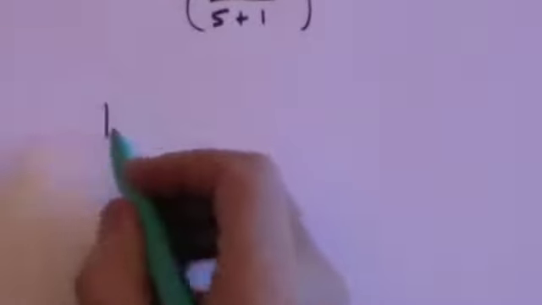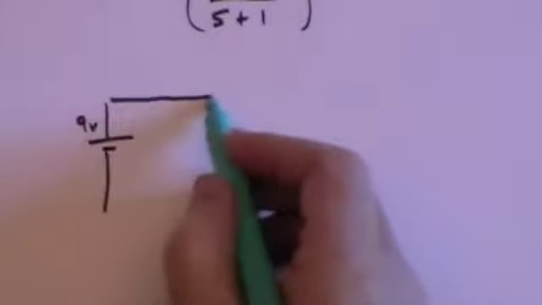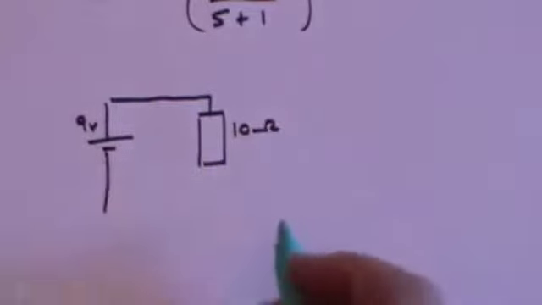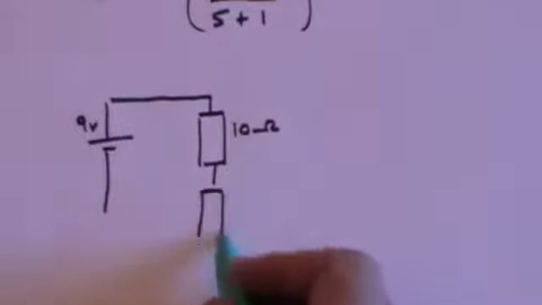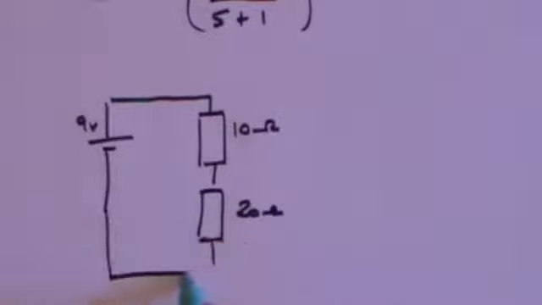So here's an exam question. We have a battery at 9 volts. We have a resistance R1, which is 10 ohms. We have a resistance R2, which is 20 ohms. Join up the circuit.